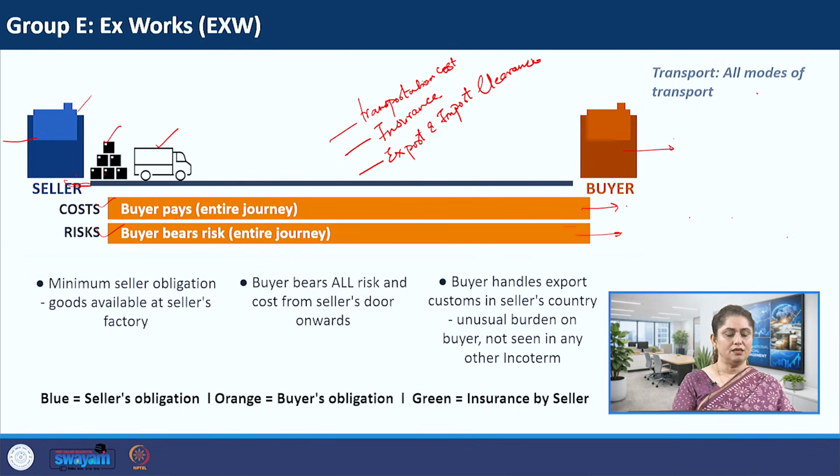So the seller is doing nothing, it is just making these goods available to the buyer at its own premises, that is its own warehouse. So here we can see the buyer bears all risk and cost from the seller's door onwards. From the moment the buyer or their carrier arrives to collect the goods, the buyer is responsible.